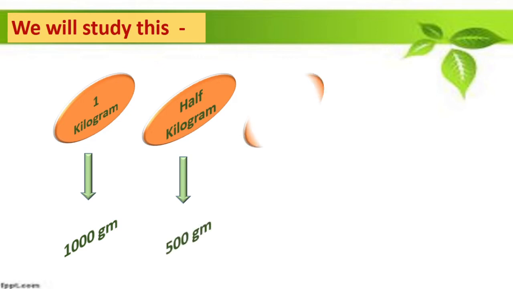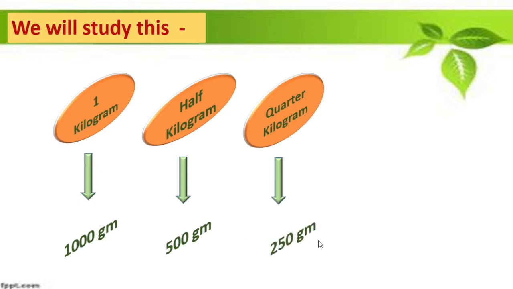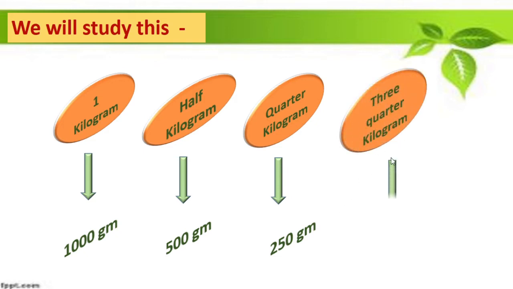Okay, here quarter kilogram. Quarter kilogram is equal to half of half kilogram, that is nothing but 250 gram. Okay, then 3/4 kilogram is equal to how much? This plus this. Yes, 750 gram. Okay, good.